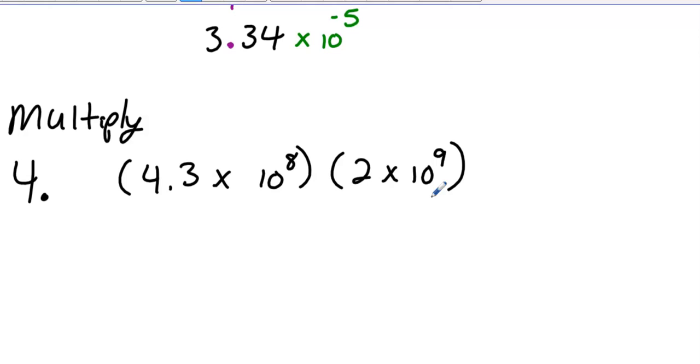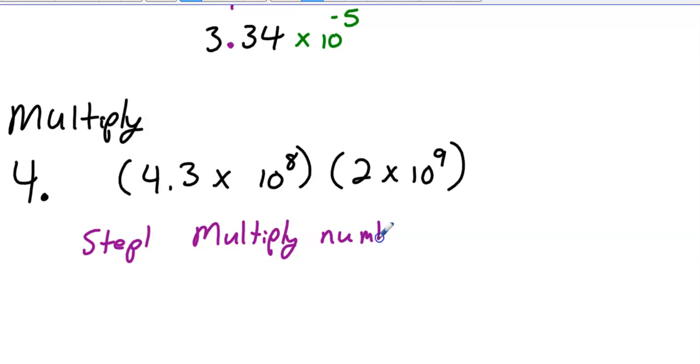Okay, and basically you got two parts for this one. Step 1, you're going to go ahead and multiply your standard numbers, the 4.3, the numbers that you have here. So we got 4.3 times 10 to the 8th and 2 times 10 to the 9th.